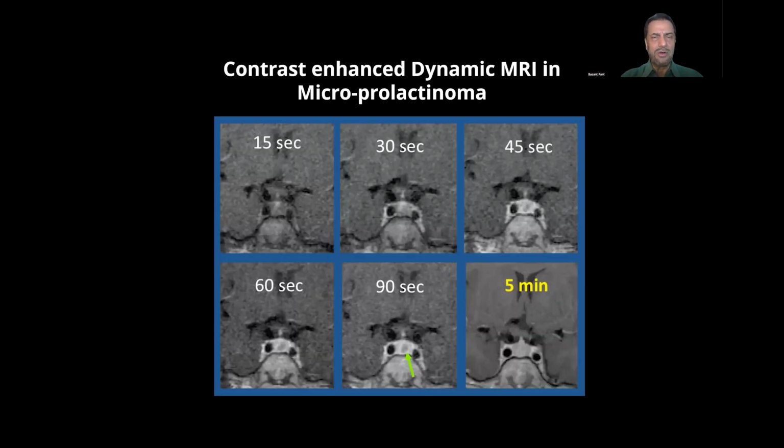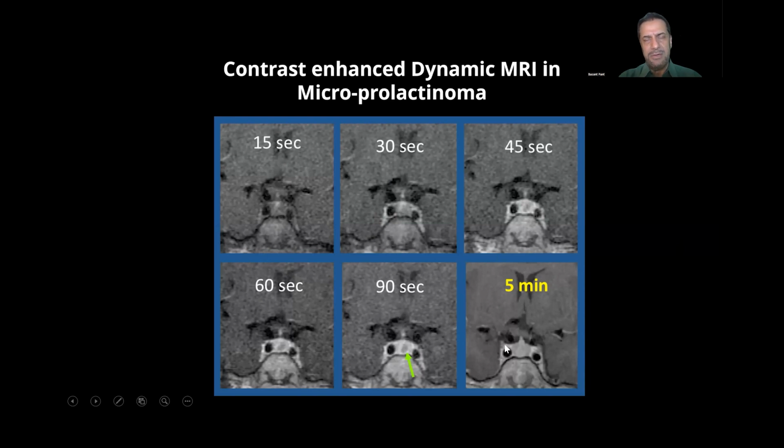So sometimes if the tumor is very, very small, then you may have to do a dynamic MRI, like in this microprolactinoma. So you give a gadolinium enhanced contrast and then serially take the picture. And then you can see that the normal pituitary has enhanced surrounding a tumor there in the center of the pituitary.